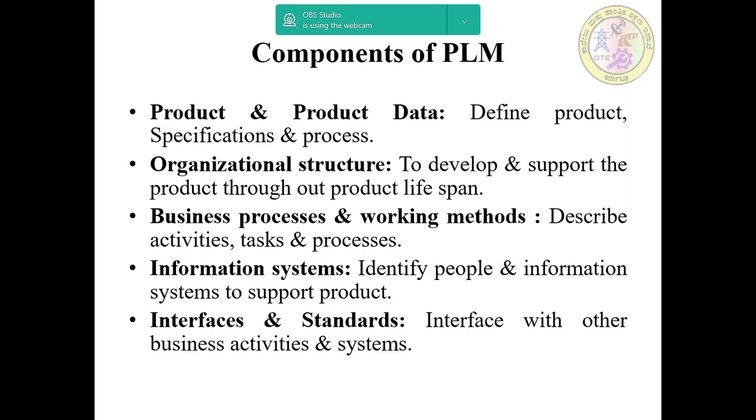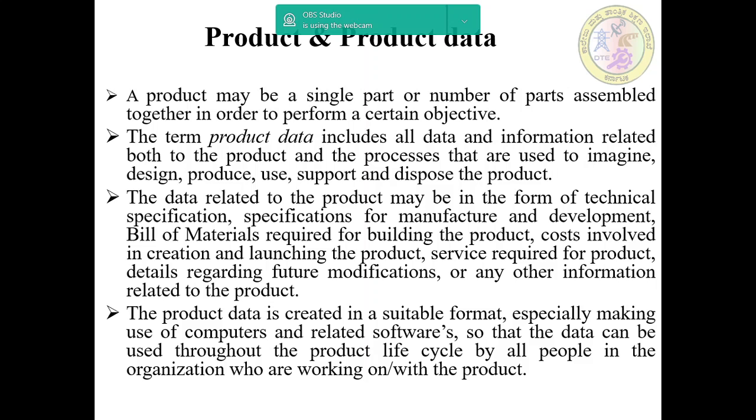Next one is information systems, which identify the people and information systems that support the product. And the last component of PLM is interfaces and standards, which includes interfaces with other business activities and other systems. We'll discuss them one by one.